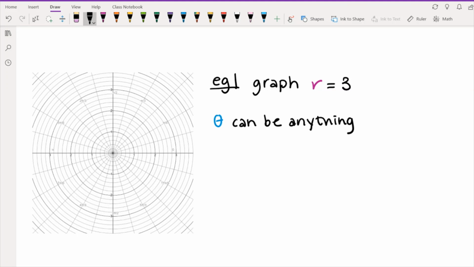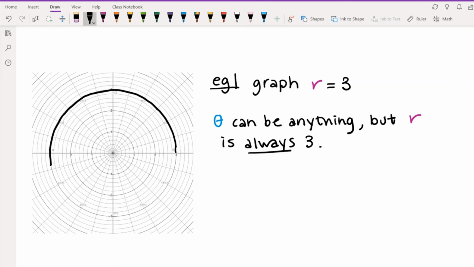And as theta varies and can be anything, what happens to the radius? Well, r is always 3. So what is that shape going to look like? Well, if we go to any angle we want and we're always at a distance of 3, that's going to give us a circle with a radius of 3. Because no matter what angle we're at, we're always at a distance of 3.